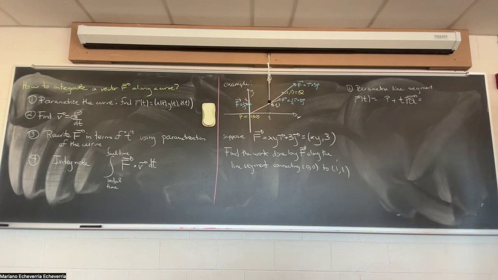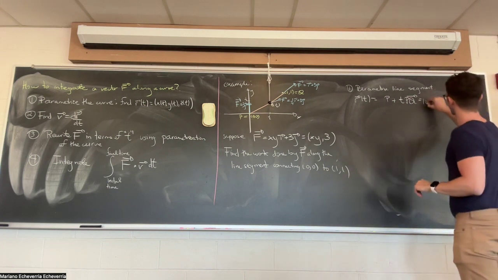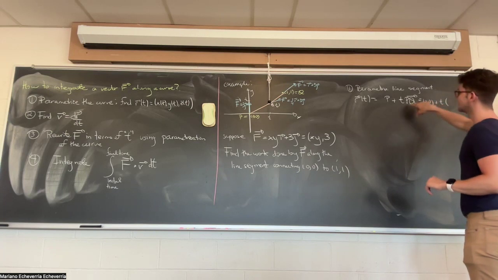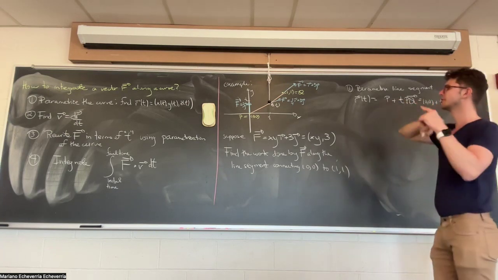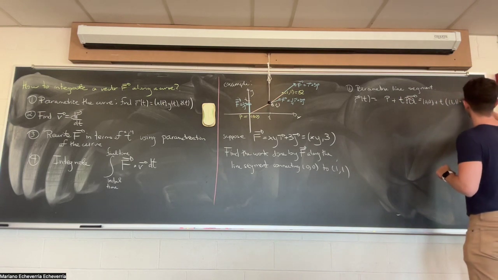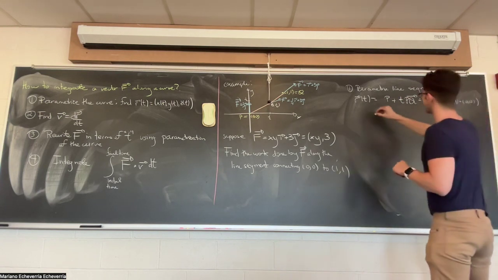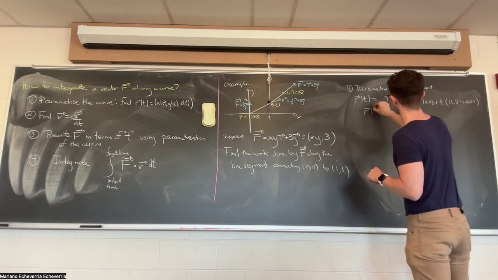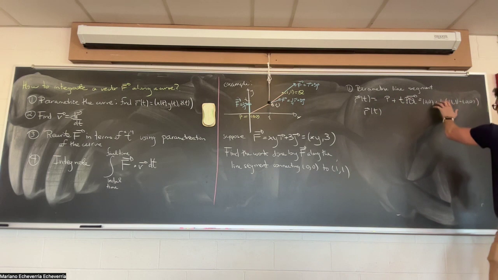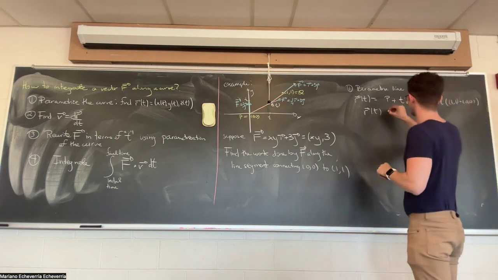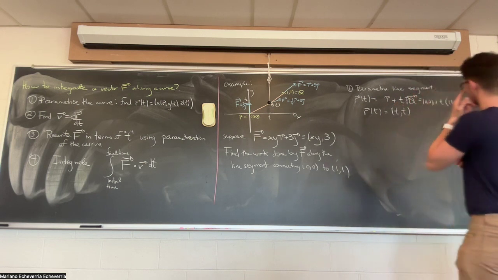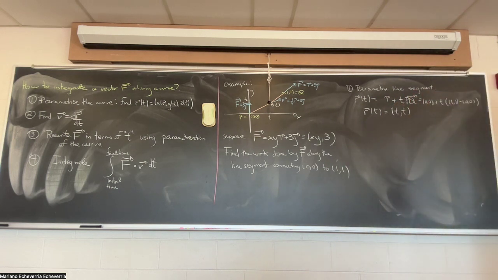So what's the initial point? It is 0, 0 in this case. Plus t times the vector PQ, which remember is Q minus P, so it's 1, 1 minus 0, 0. You end up noticing that the position at time t is just t, t.